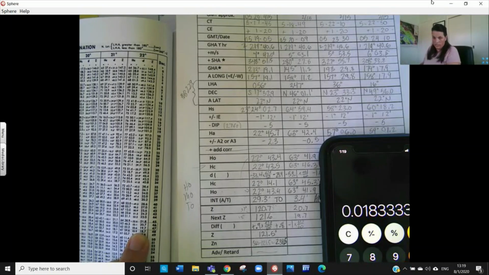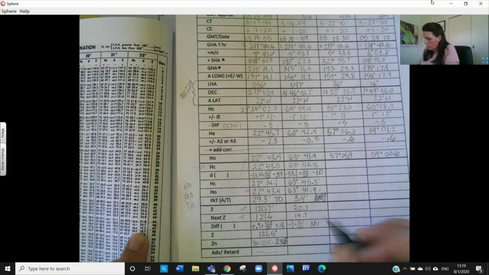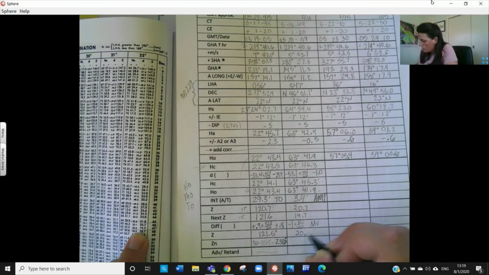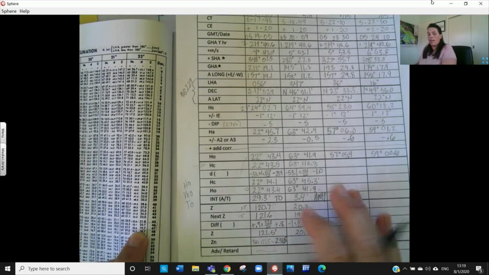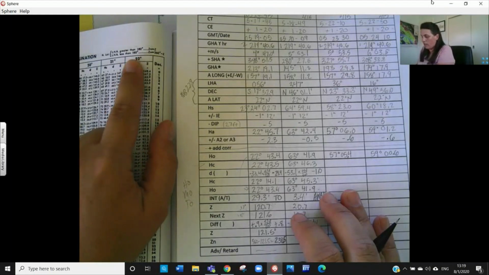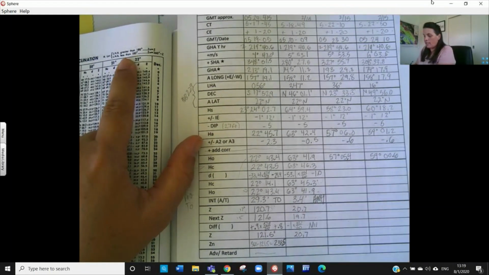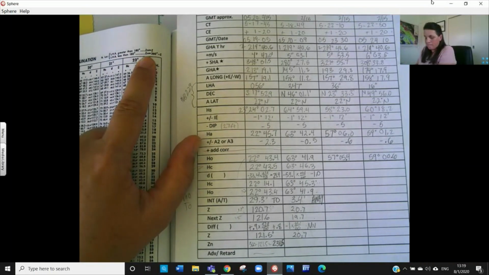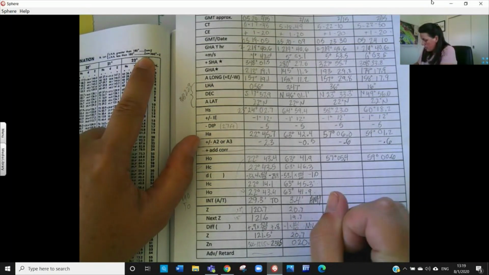It gives me a very, very small number, so I'm going to say there's nil, no correction. So my Z is going to be 20.7. Now I need to convert that to ZN. Again, I'm in the northern hemisphere. So is my LHA greater or less than 180? In this case, it was greater than, so my Z equals my ZN. So 020.7 is my azimuth line.